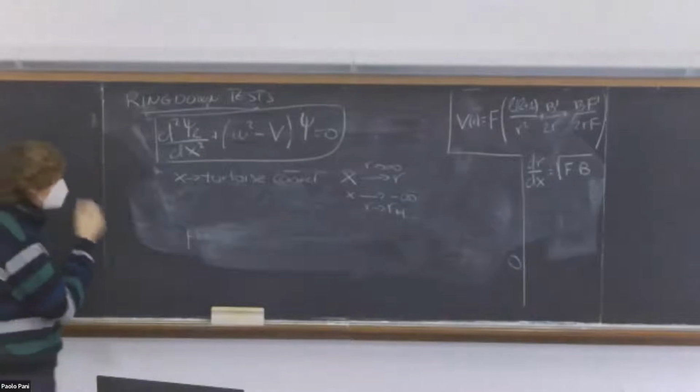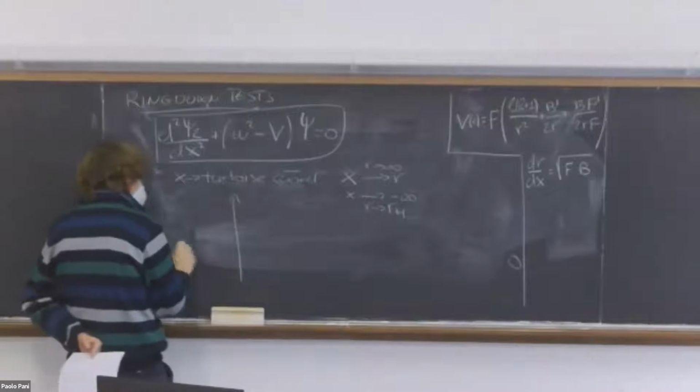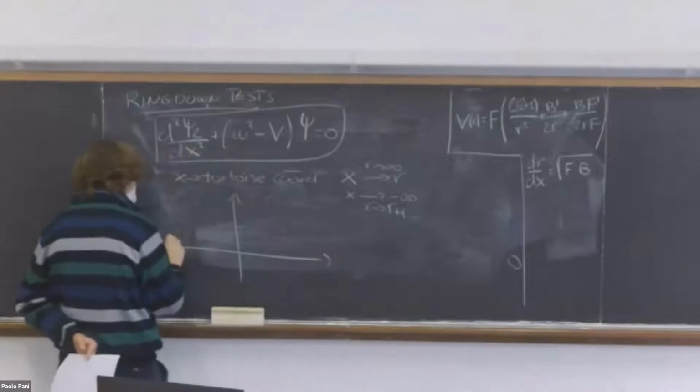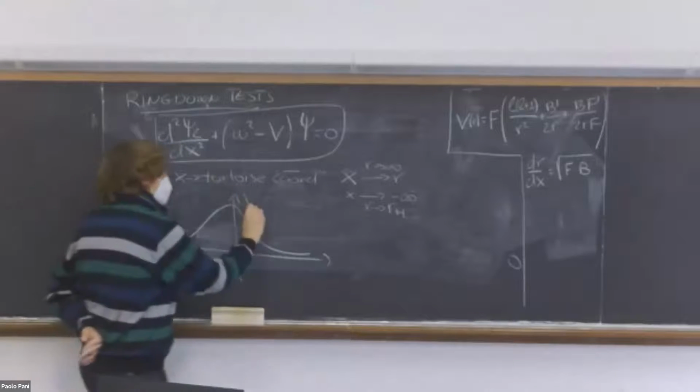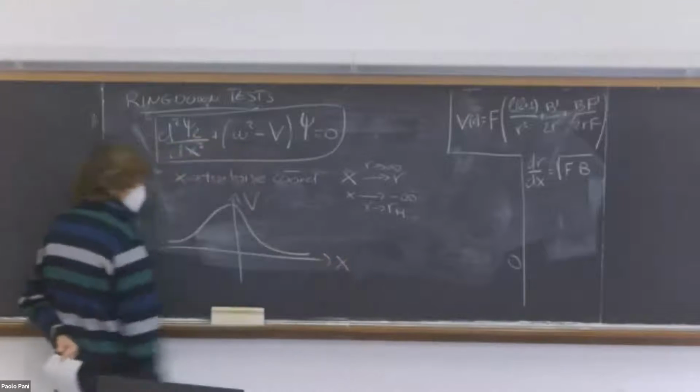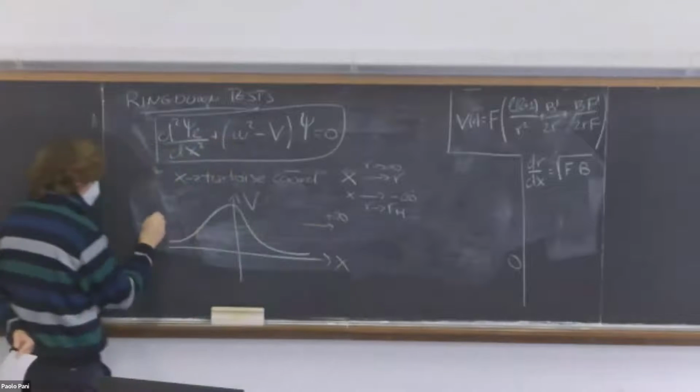So it's defined in this way. In this coordinate, the potential, typically, at least in GR, but this is true in many theories, has this shape. So this is V, this is x. So here is plus infinity, and here is the horizon.